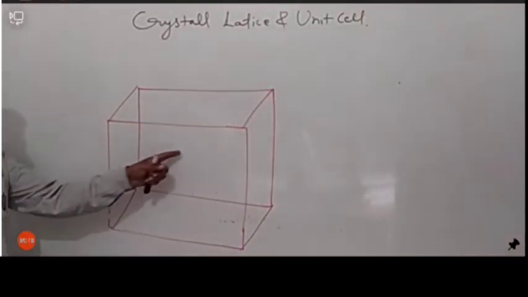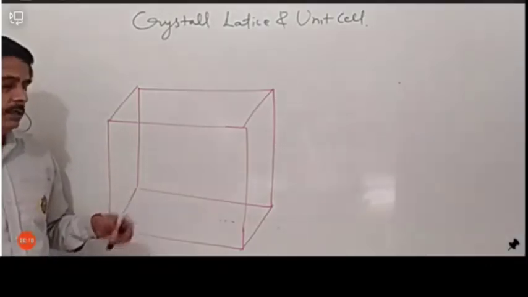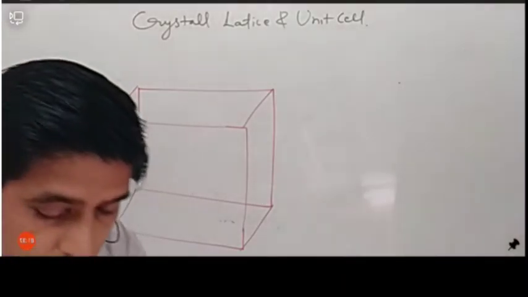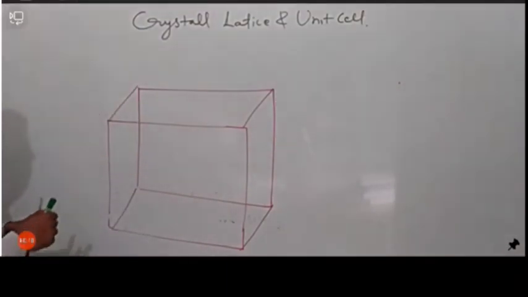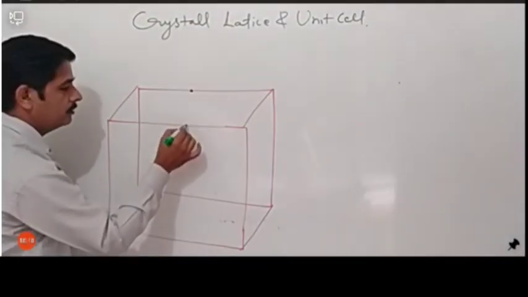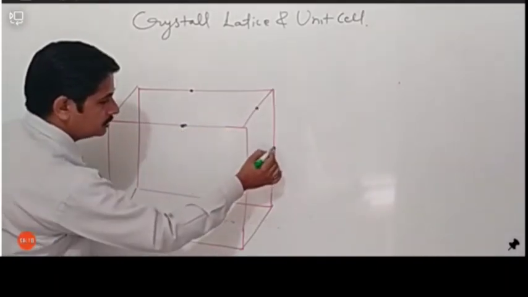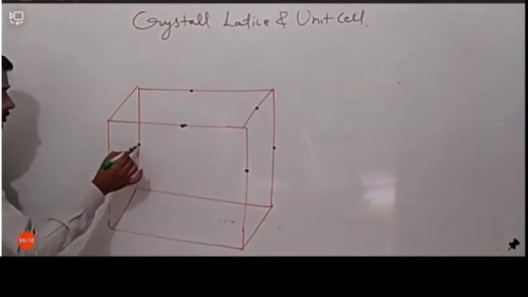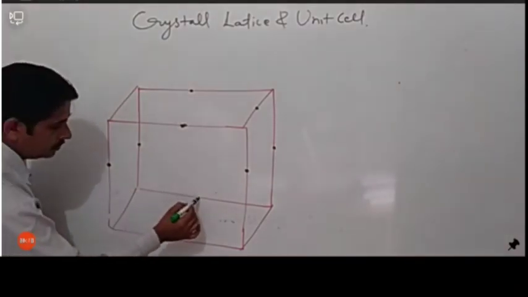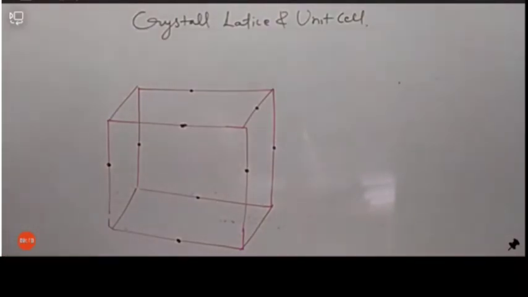First you have to draw two squares, just the way I have drawn, in a similar way. After that, you have to make some points in the middle, like this. It's the easiest way to draw the crystal lattice.